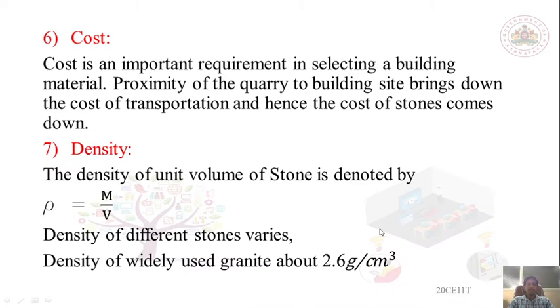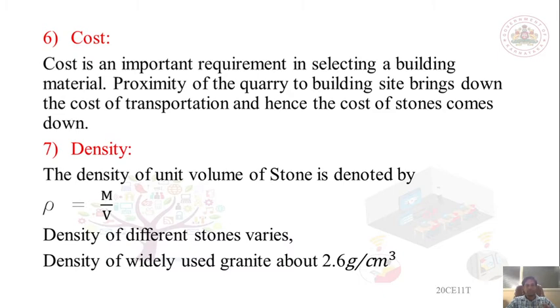Next one is cost. Cost is an important requirement in selecting building materials. The cost is generally controlled by what? It is controlled by the transportation cost. If the transportation of the material or stone is more, the transportation cost is more, obviously that will impact the cost of the stone.